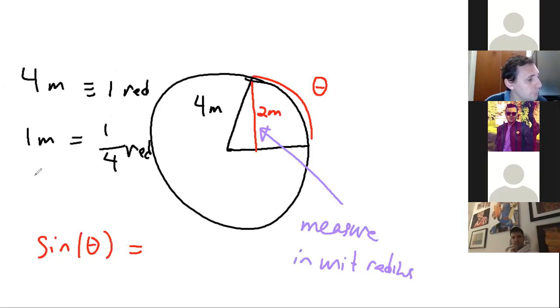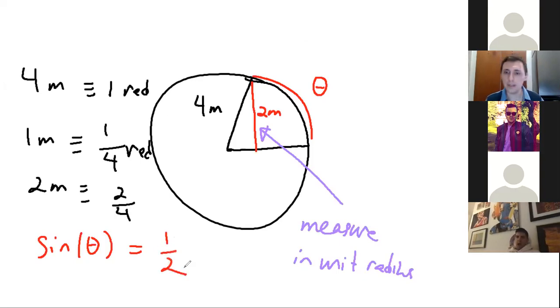So therefore basically 2 meters is 2 divided by 4. You see why we divide by the hypotenuse? Because we are converting the measurement in terms of radius units, right? So the answer is that sine of theta equals 1/2. You understand?